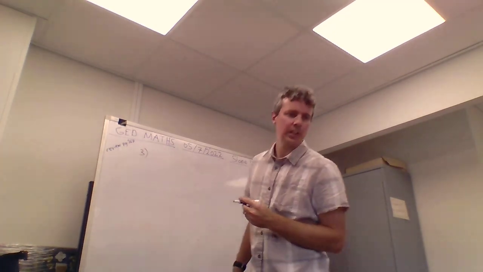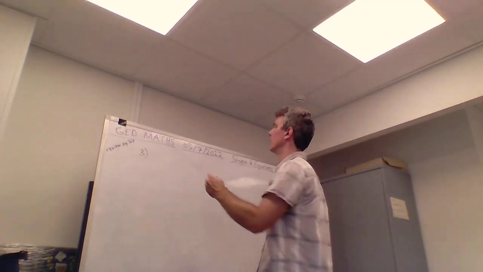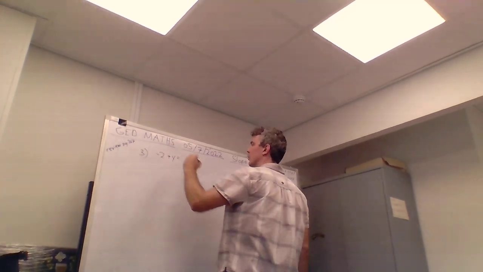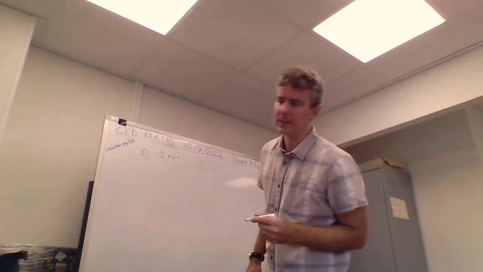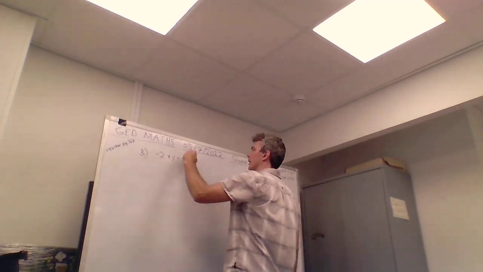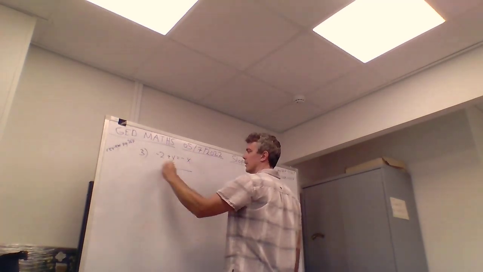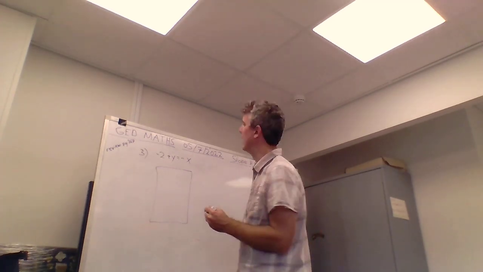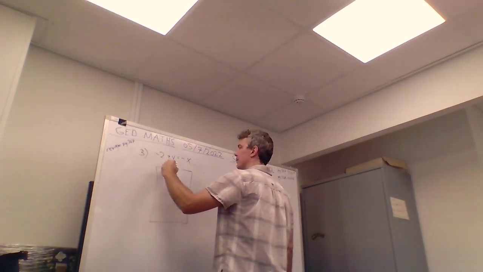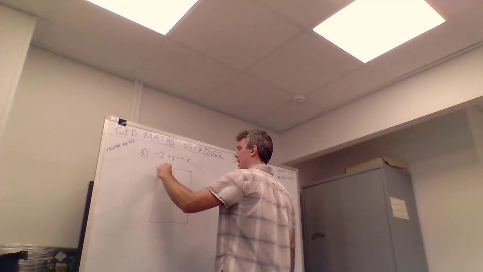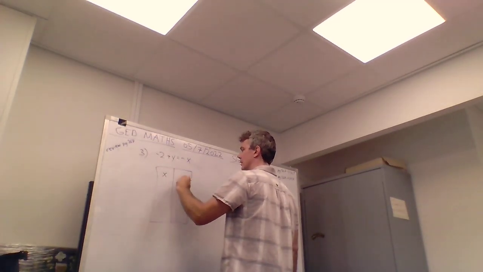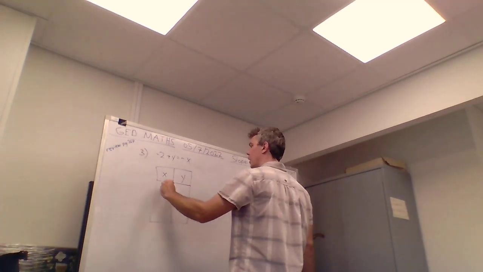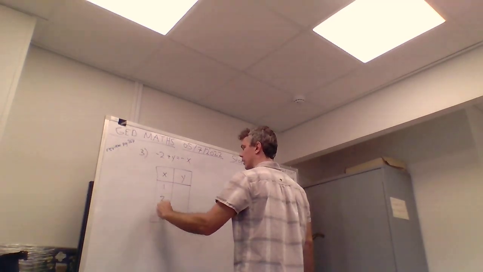And the equation is minus 2 plus y equals minus x. Okay. And then they have a little table, right? And you have basically x, y, and then we have if x equals 1, 2, or 3, right?